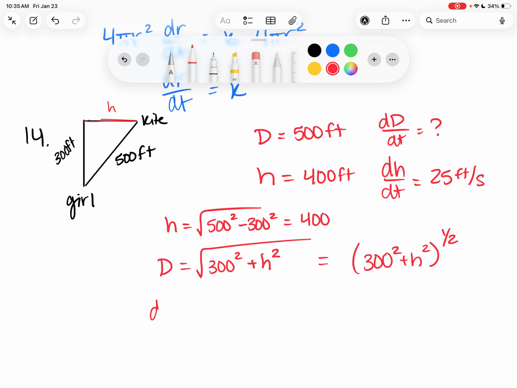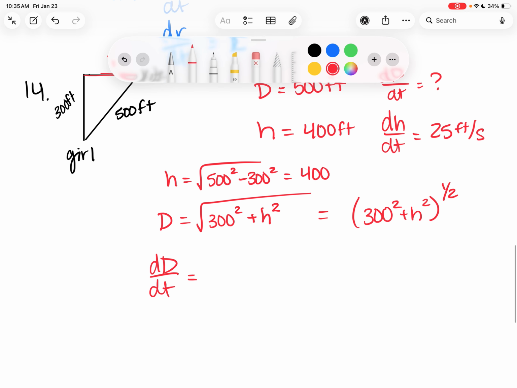So we'd have dD/dt, should have chosen a different letter, that's a weird one, is equal to 1/2 times 300 squared plus h squared to the negative 1/2, and then the derivative of the inside times 2h dh/dt.